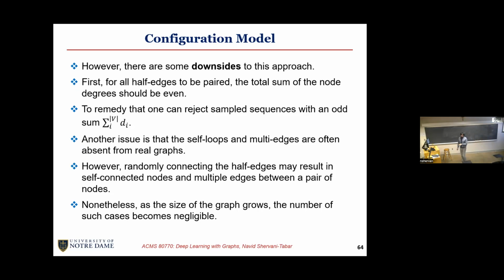There's no real remedy for that, but as we increase the number of nodes in the graph, the probability of such self-loops and multi-edges drops significantly, and it is fine to have a few of them. So it is still fine to use the configuration model to generate graphs. But the configuration model still has problems capturing, for instance, the community structure that you see in real graphs.